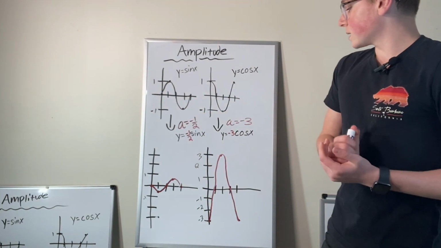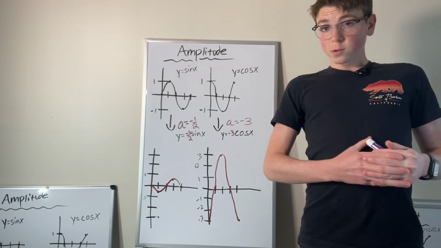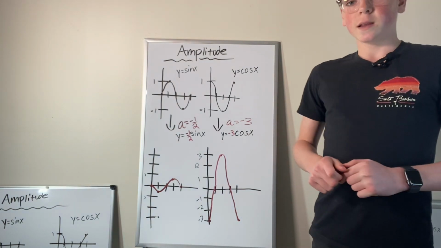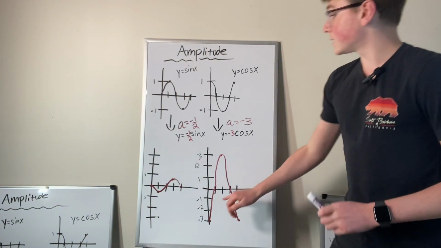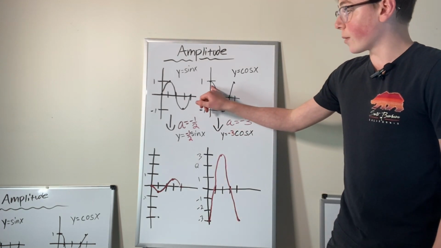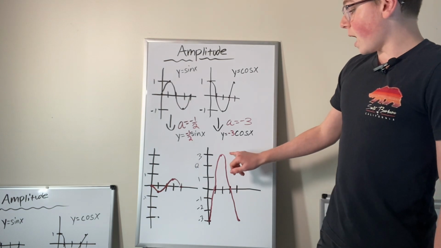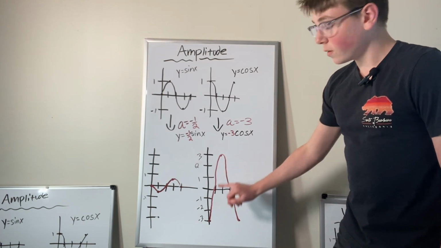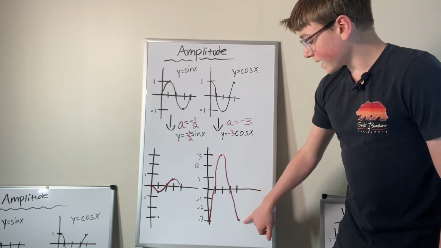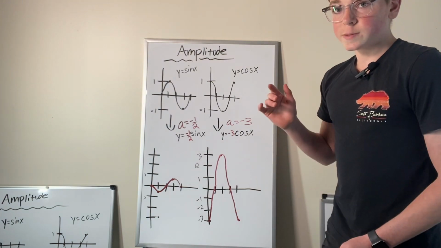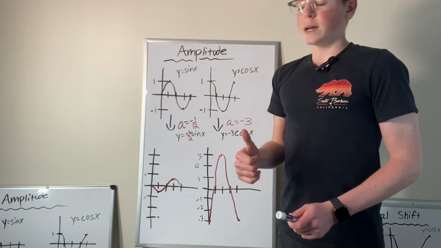Then y equals cosine x, if we say a is -3, then we have y equals -3 cosine x. So instead of starting all the way up at 1, we're going to start all the way down at -3. Then we're going to go up to 3 away from the midline again, then go back down to -3. So it just flips all the y points and then multiplies them by 3.